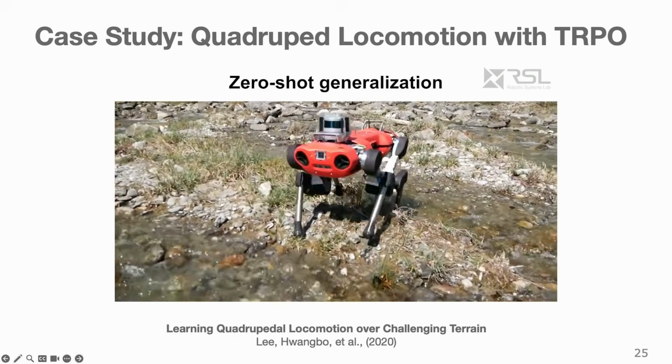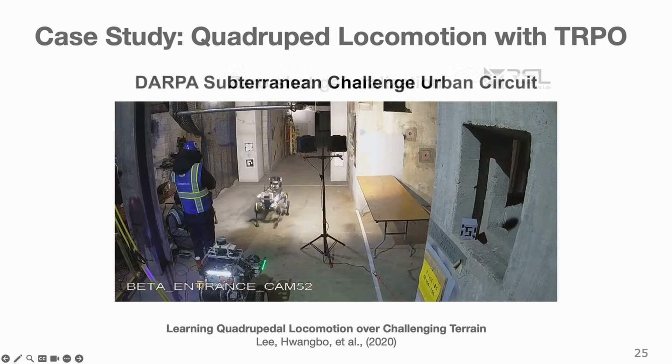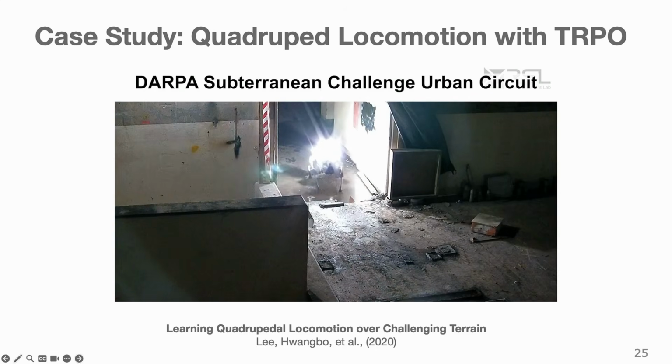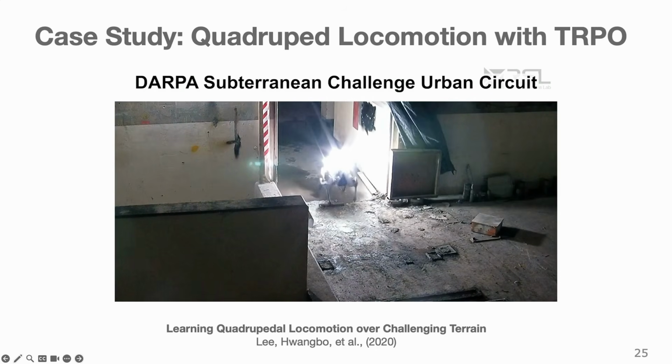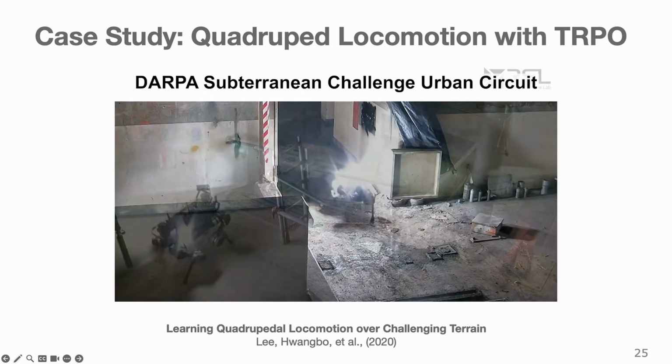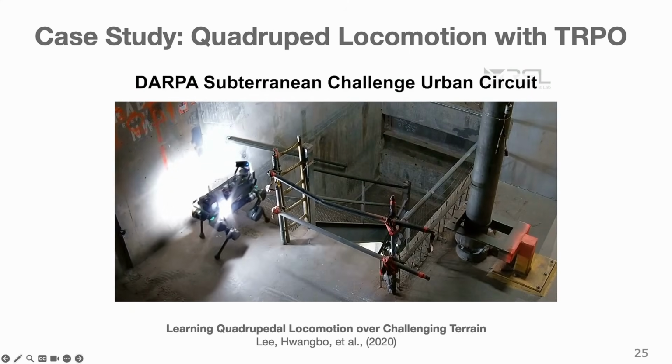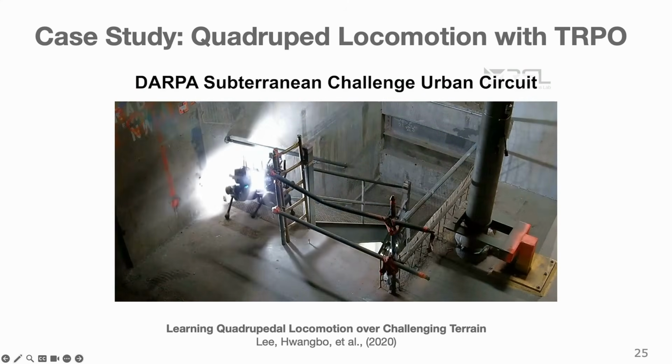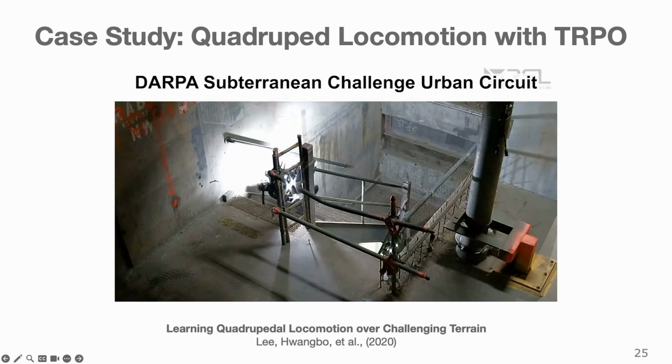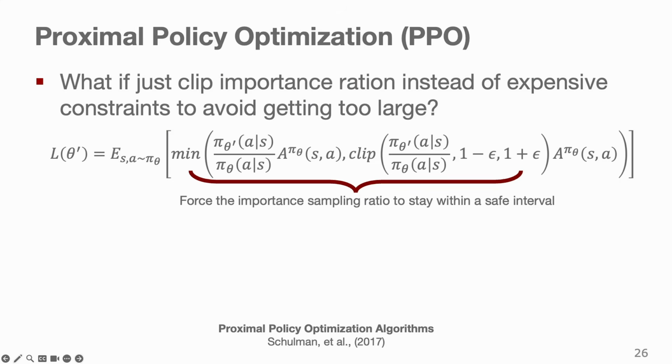This is a quadruped that can navigate challenging terrain, step over obstacles, and also do locomotion over surfaces that it might not have seen during training. So it actually works.